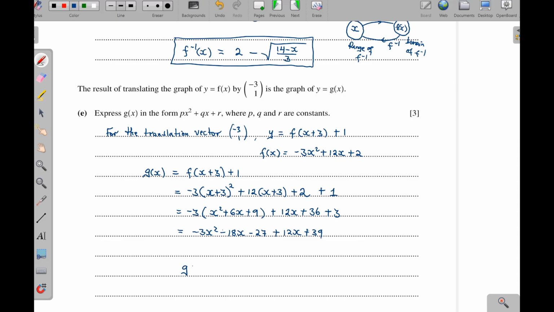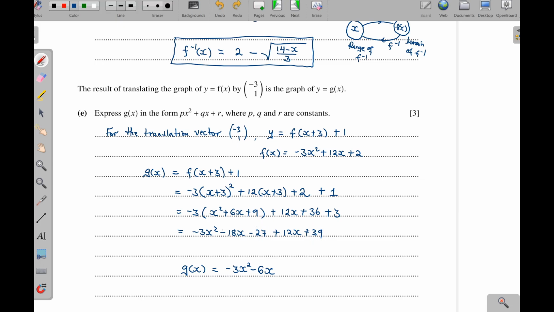So this simply implies that our g of x is going to be equal to -3x squared, and then minus 18 plus 12, you will get a -6, not so? So this will be -6x, and then -27 plus 39.